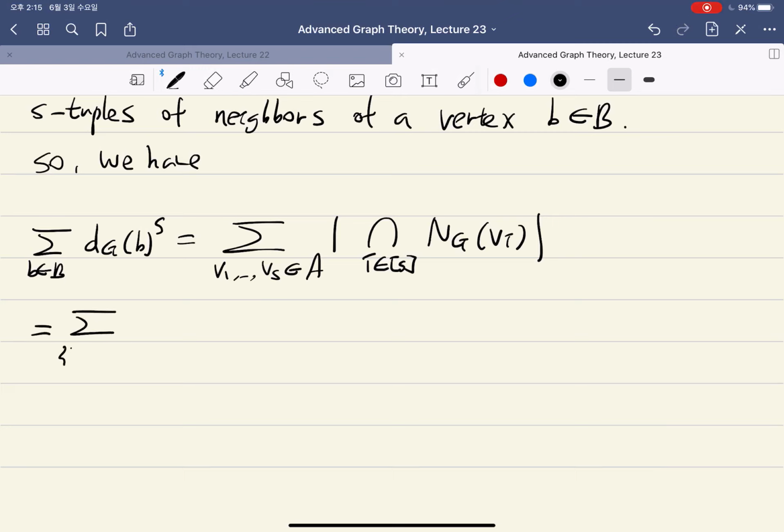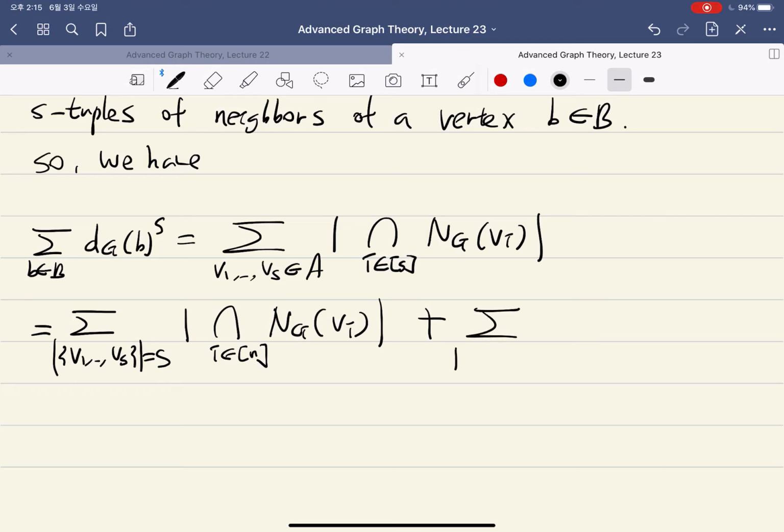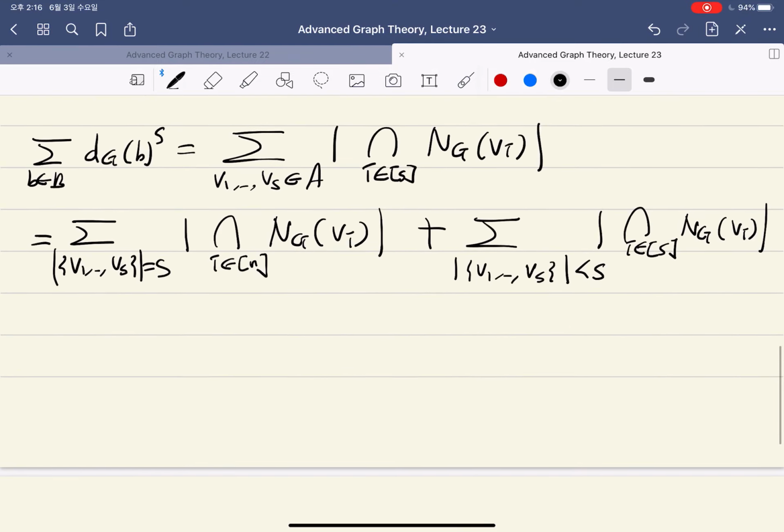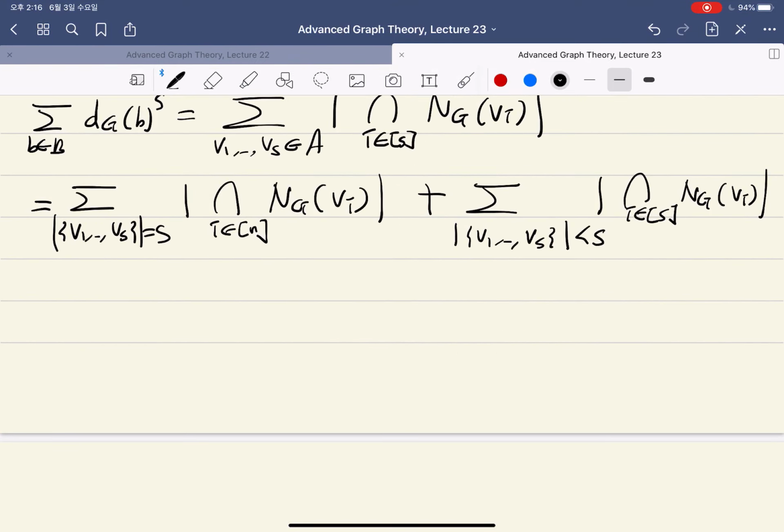And then we can divide into two cases: when all the vertices are different, and when all the vertices are not distinct. So we can analyze these two terms on how large they are.